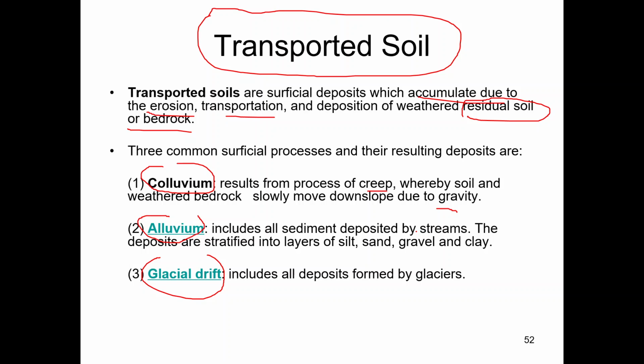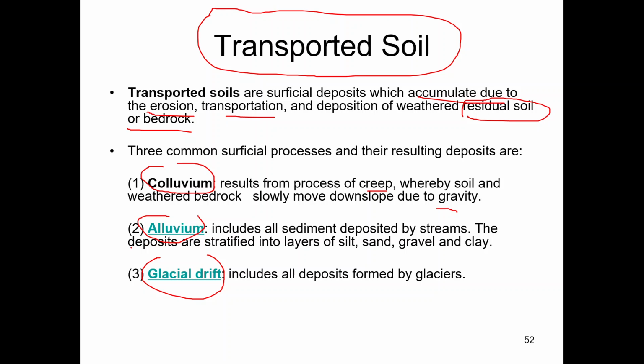And normally this sediment is transported by water. What happens is the transported material depends on the velocity or energy of the water.